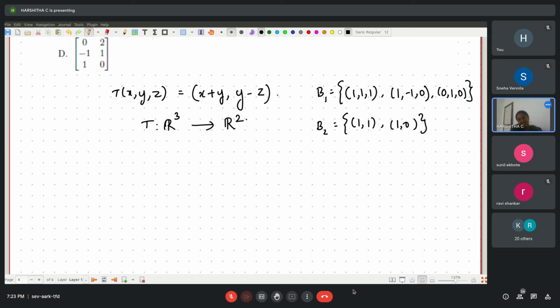And then the transpose of the matrix formed by the TB1 and TB2. Vaguely okay, but does anybody want to make it more precise?